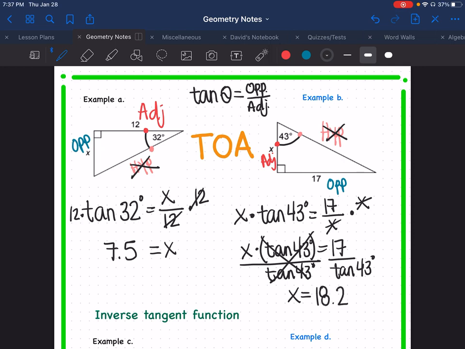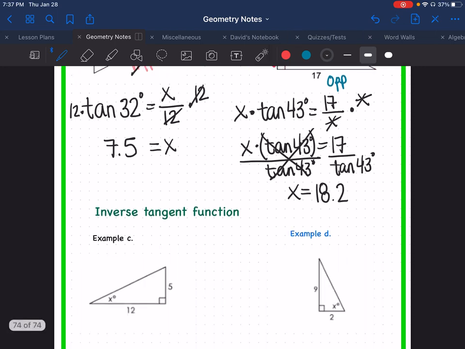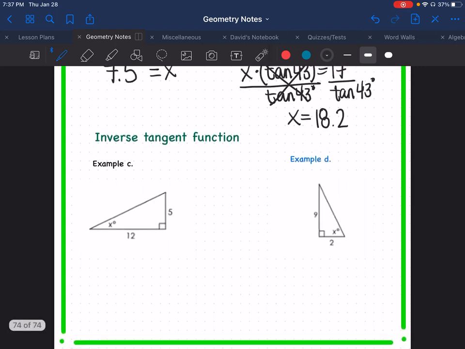I can also use the inverse function of the tangent to help me find the degree of my angle theta. So here is my tangent trig ratio. One more time, opposite over adjacent.